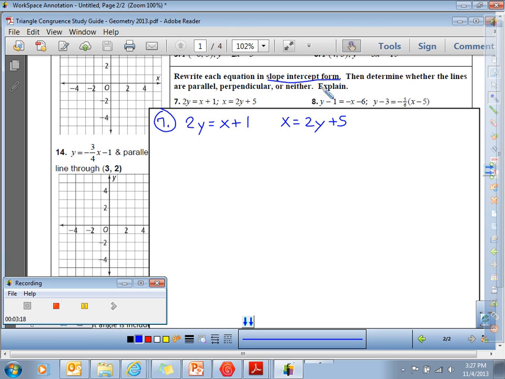So what does that mean? What is slope-intercept form? y equals mx plus b. Right. Okay, so we want to get y by itself here, so what will we do first? This first equation. Is y by itself now? No, so what should we do? What's happening to it?